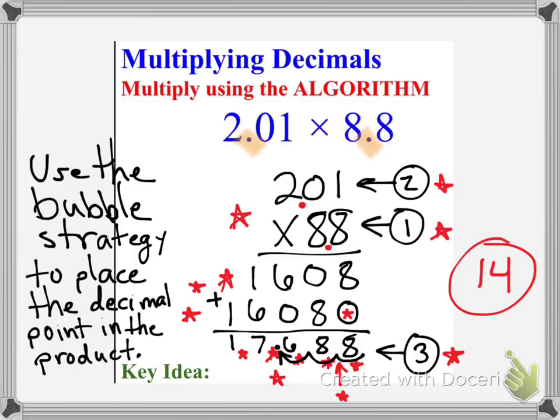And if you wrote down the key idea for today, you get a star for that. So I guess it's not going to be 14 stars, it's going to be a total of 15 stars. So go ahead and fix that.